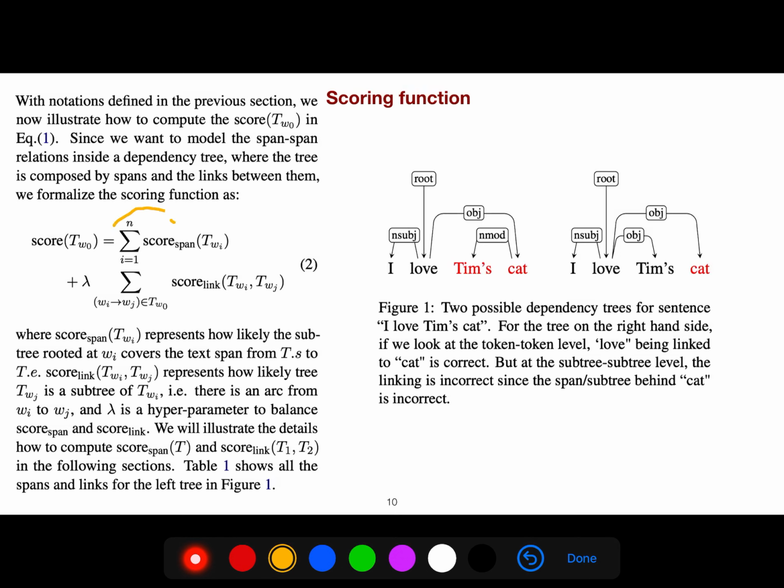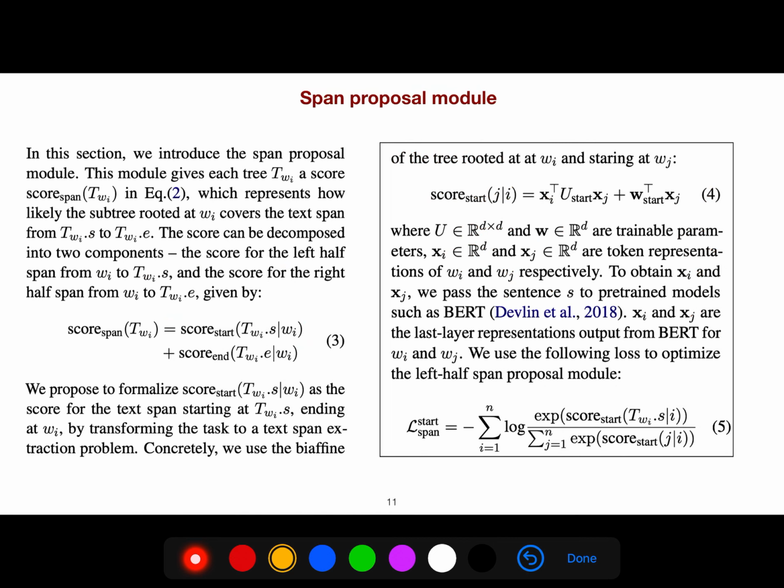As I said, we have two modules: first span and then the linking of them. So we are going to model these things. As you know, it's easy in deep learning to model these scores because we have done it in machine reading comprehension. Because the start depends on i and j, we relate them by this function.